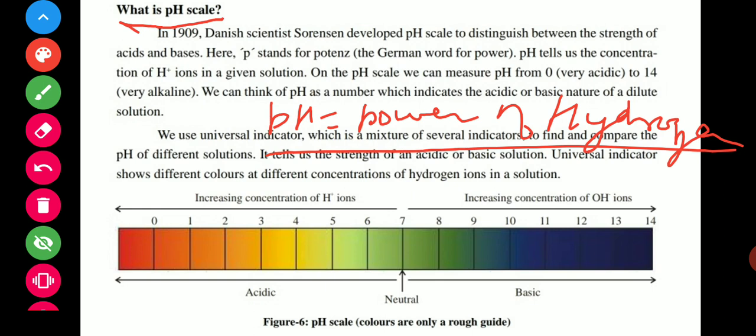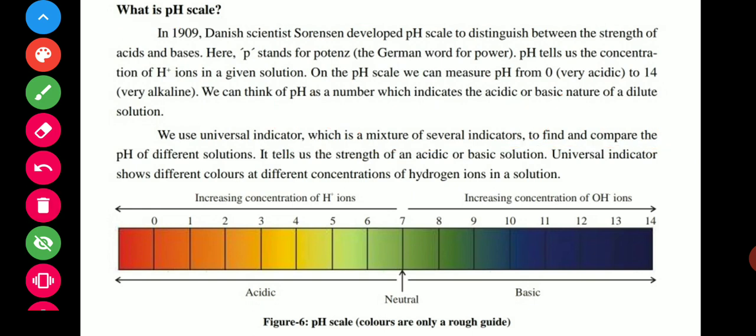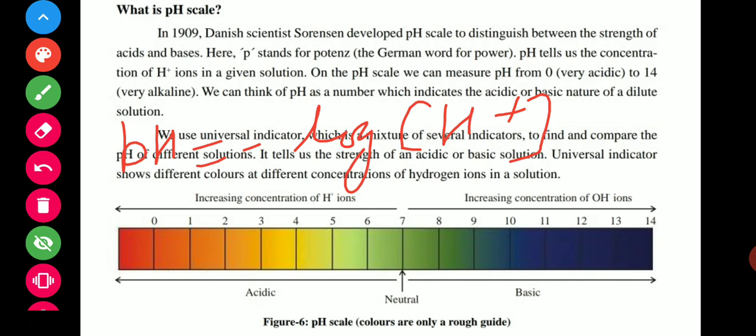One formula you have to learn: pH is equal to minus log of the hydrogen ion concentration. It is not given in your chapter, but it is necessary to learn for your examination. This is the hydrogen ion concentration of the solution, and it is logarithmic.